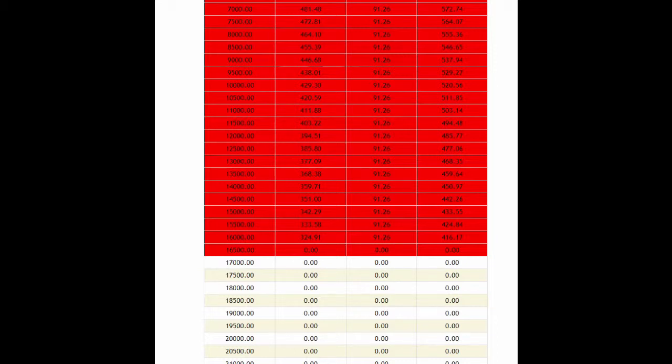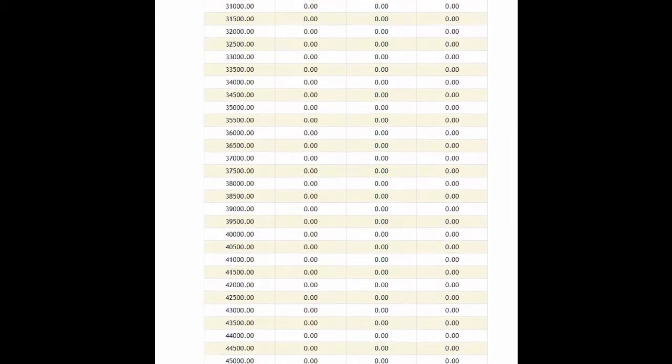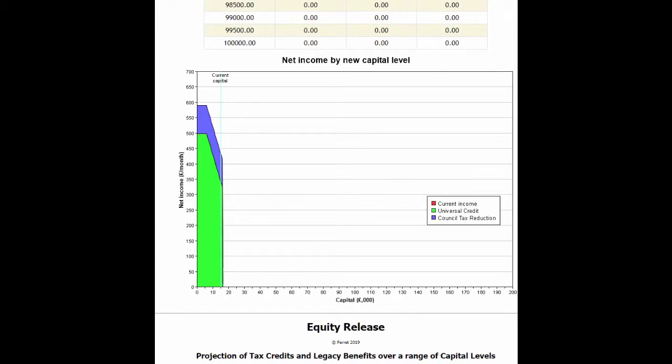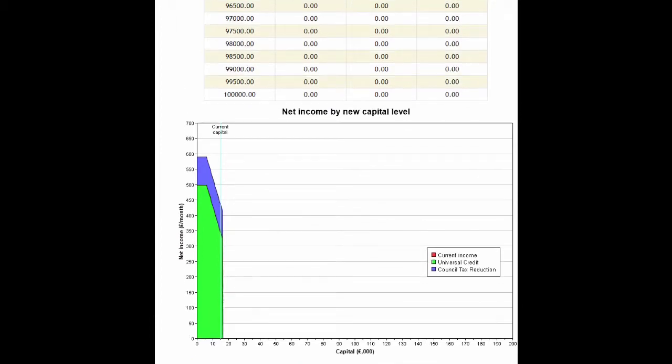And you can see here therefore that at £16,000 there's an entitlement to £416.17 a month in benefit. Once you go over that, that vanishes completely, and that can be seen if we scroll down and down and down to the bottom where you can see the chart.